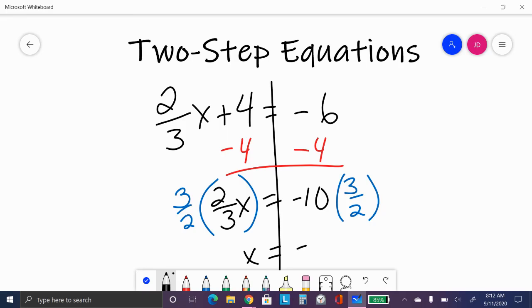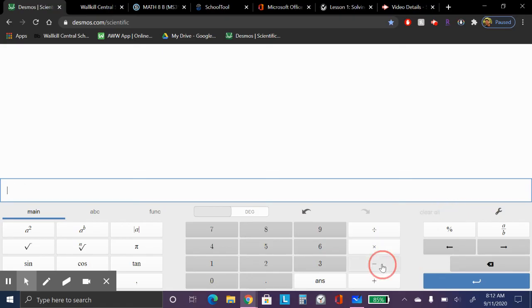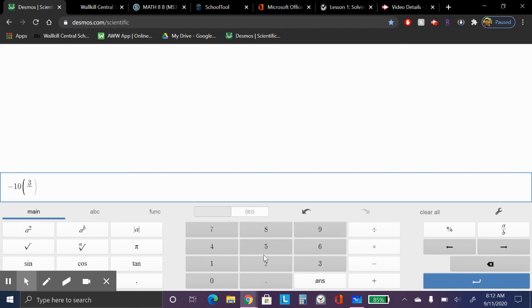But again, I'll show you in the calculator. So we have negative 10 times 3 over 2. Clear all, -10 parentheses 3 divided by 2, and you get -15.